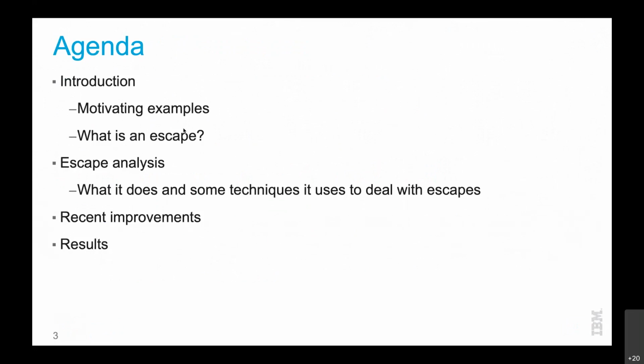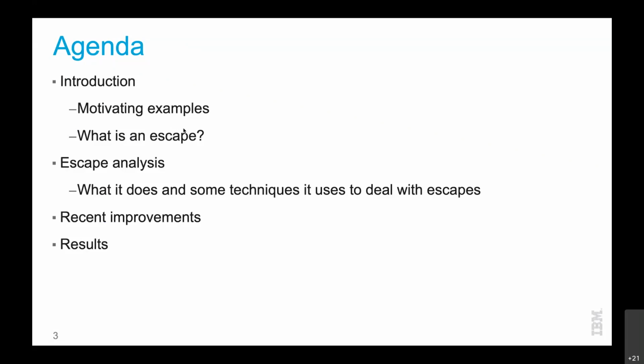just a brief agenda here. So this is what we'll be going over. I'll start off with some motivating examples describing the situations in which escape analysis applies and describing what it means for something, an object in this case, to escape, and what escape analysis does with that information, and what benefits it provides, and some of the techniques it uses to deal with escapes when they do happen.